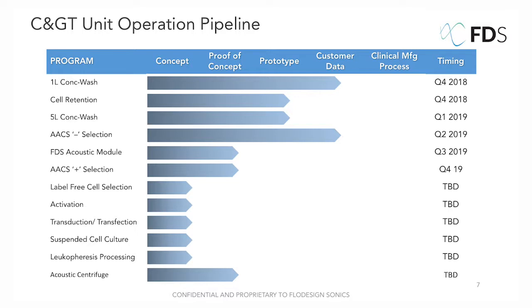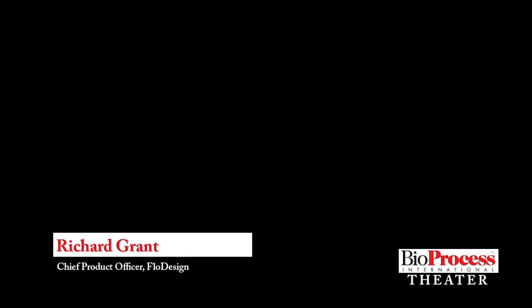And I'd like to draw your attention to the next one, the FDS acoustic module. We're going to be making the technology available for incorporation into other manufacturing systems, so they can use acoustics to do their concentrate wash or whichever process step they want to, and marry it to their existing other processes that they're implementing in their equipment.